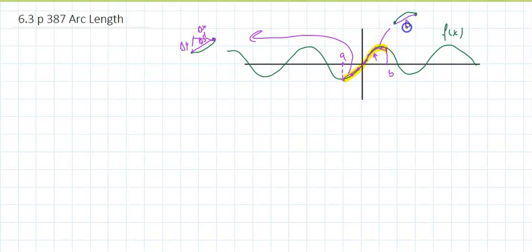So I'm taking this, calling that delta S. And again, if you really think about it, if this is delta S, associated with that is a change in X and a change in Y. So I could say that for each one of those pieces, delta S squared is delta X squared plus delta Y squared.